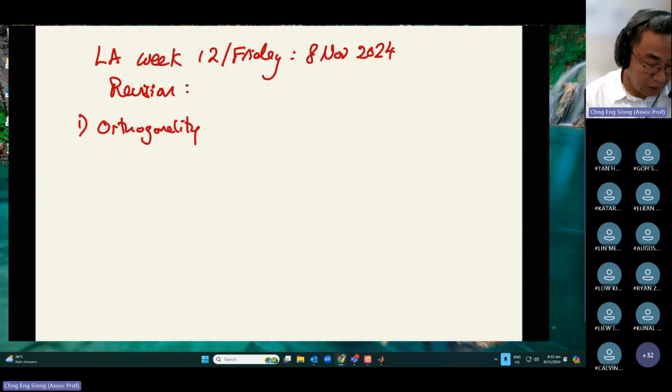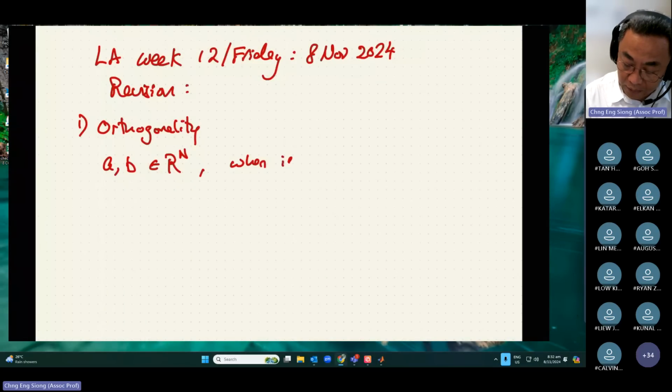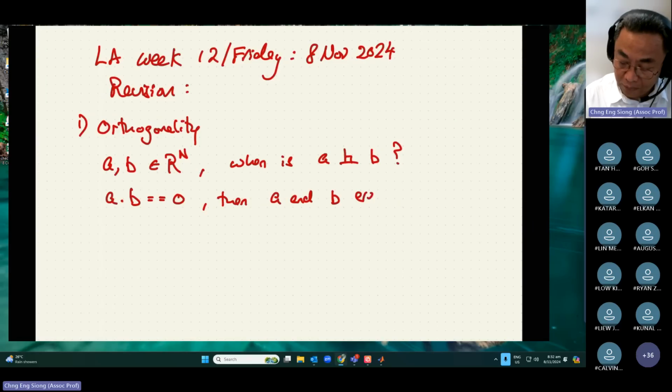And in orthogonality, of course, you know that if I have a vector A and B and it belongs to Rn, then when is A orthogonal to B? And of course, you by now know that if A dot B is 0, then A and B are orthogonal.